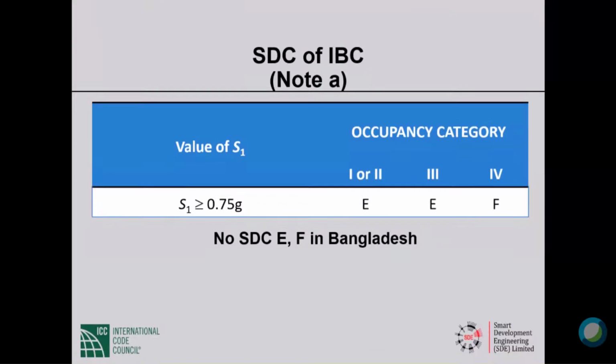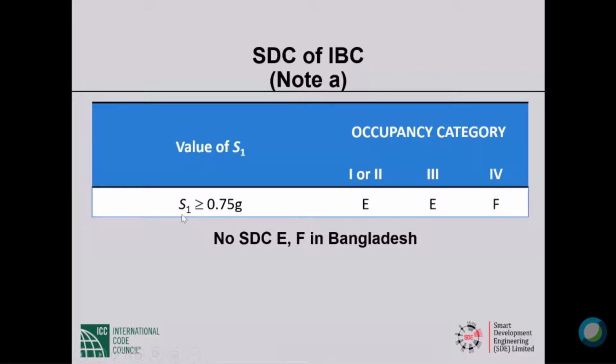Now, in the tables, you saw 4 categories, but there are also design categories E and F, which depend on, if this is not the mapped quantity. In the other tables, it was S sub DS, S sub D1.